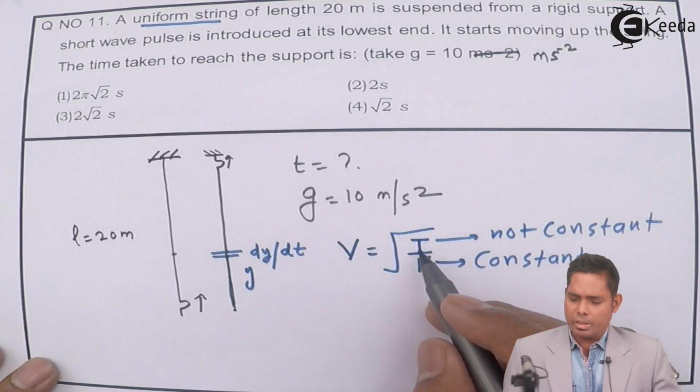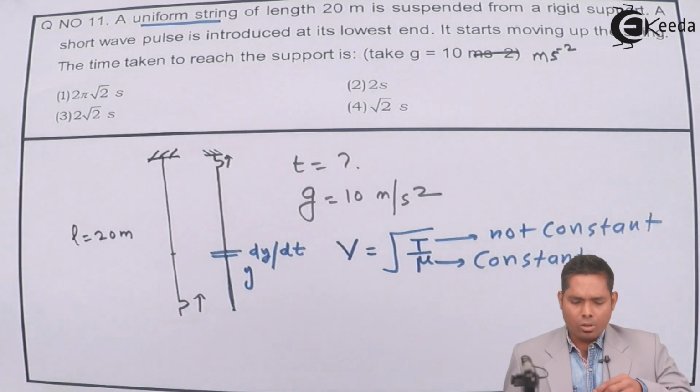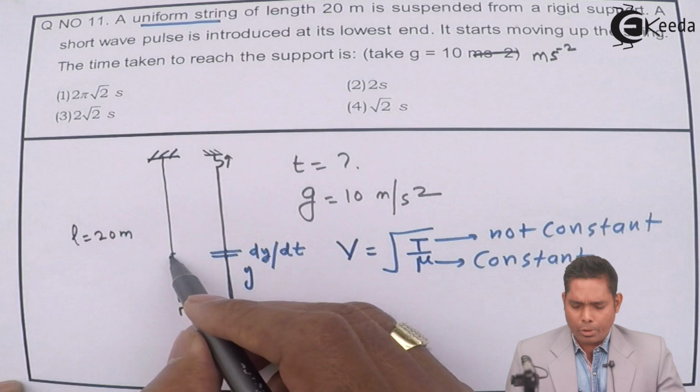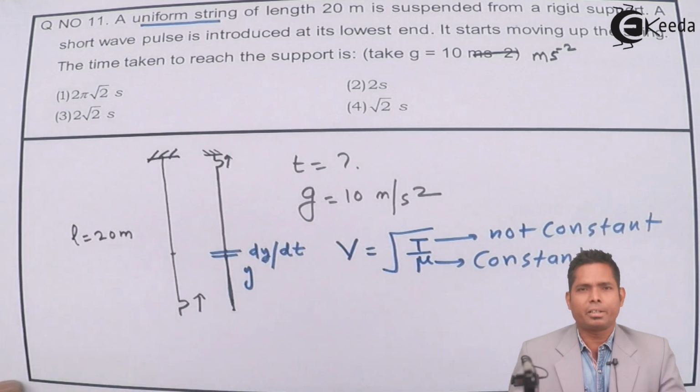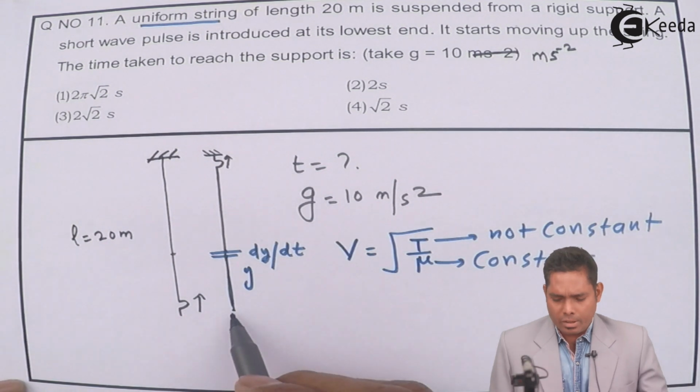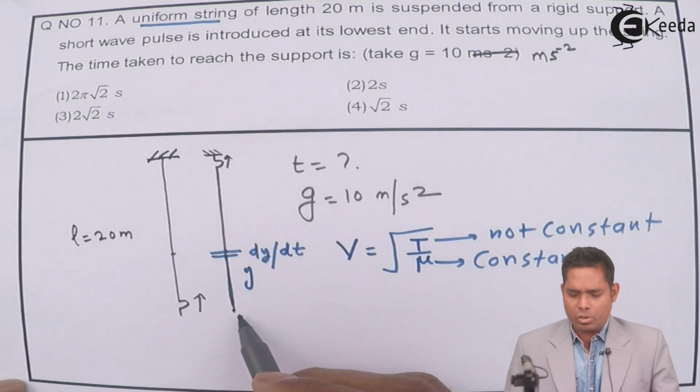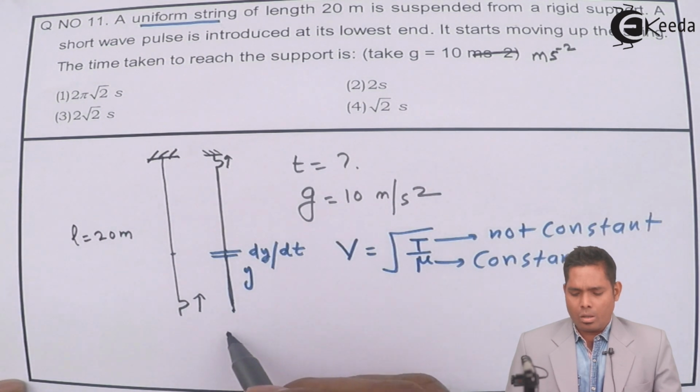The tension T equals the weight of the string lying below a point. If I consider this point, the tension in the string will be 0, because there is no length of string lying below it.